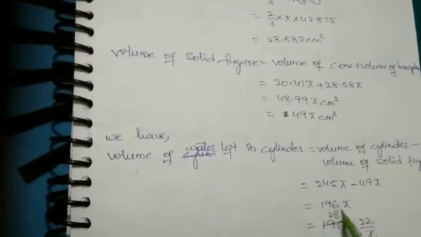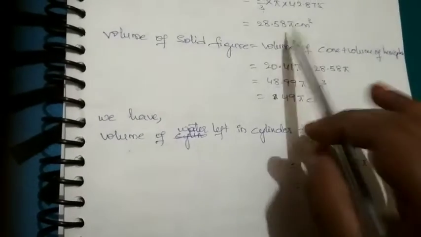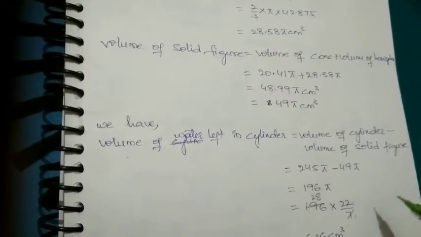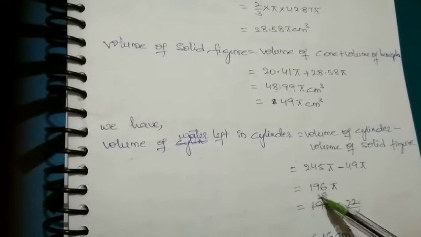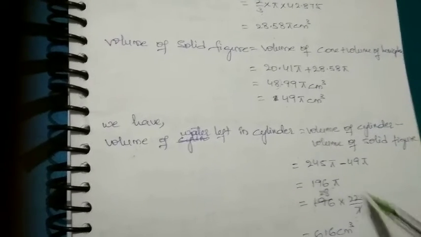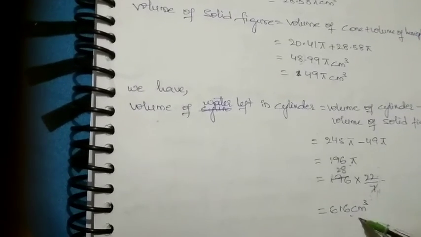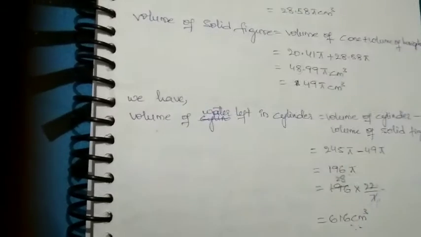Here I am taking pi as 22 by 7, instead of doing it in every step. It reduces my time in solving this problem. So let us cancel this 7 ones are 7, 28 times. Now multiply 28 and 22, which gives you 616 centimeter cube. So this much volume of water is left in the cylinder.